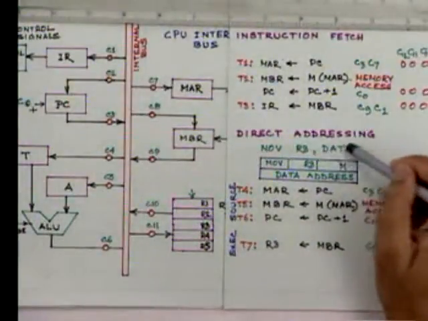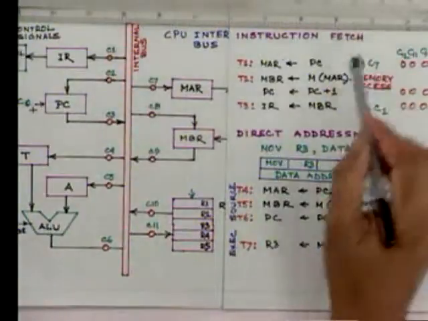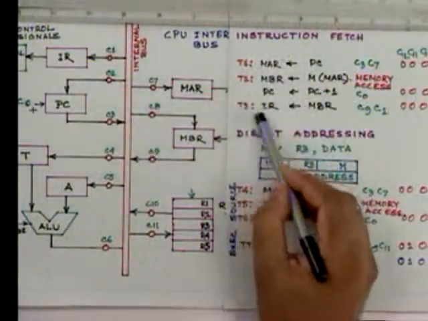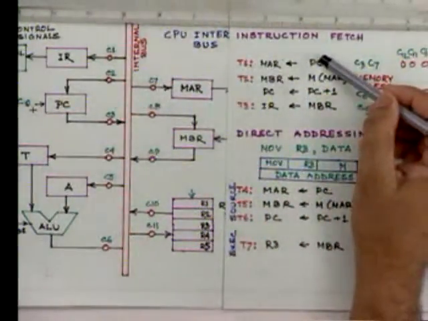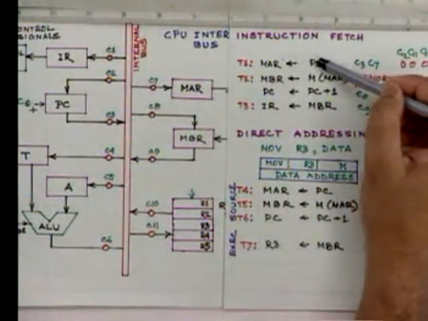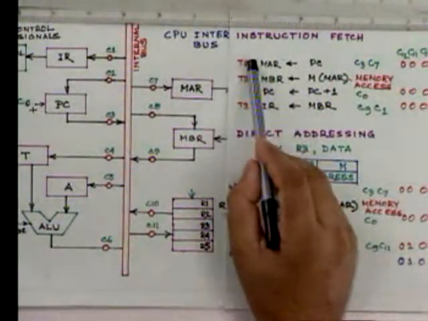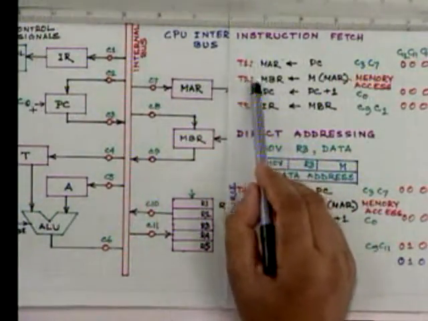Since an instruction fetch has to be done, the instruction fetch micro operations will be executed first, at time instants T1, T2, and T3.